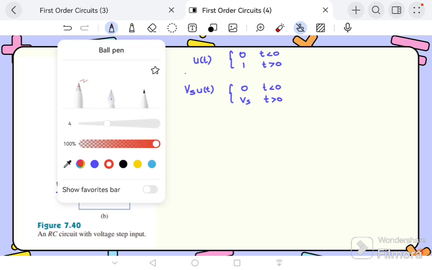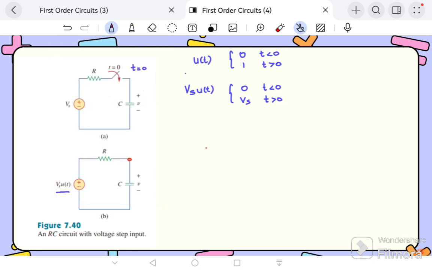Now, take note, let's say this is node A. So, by KCL at node A, this one is IR, and this one is IC. IR equals IC.